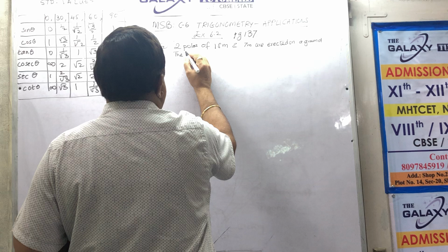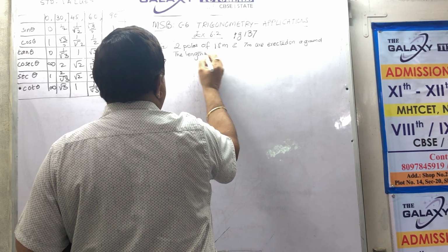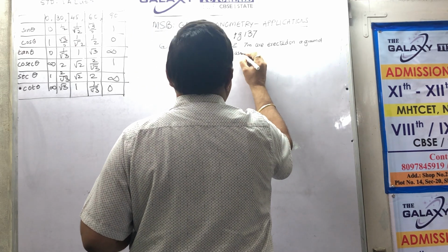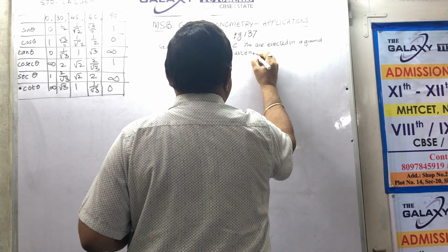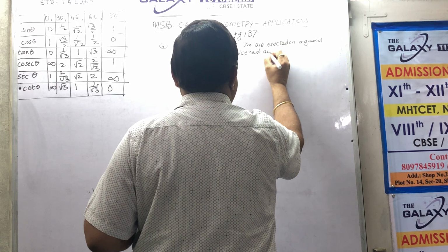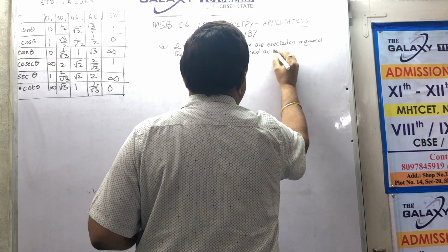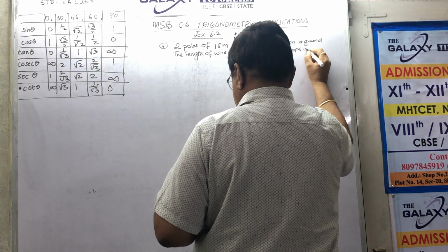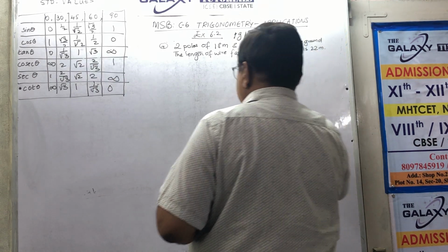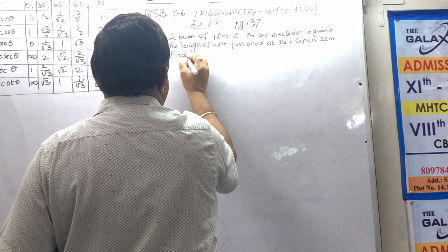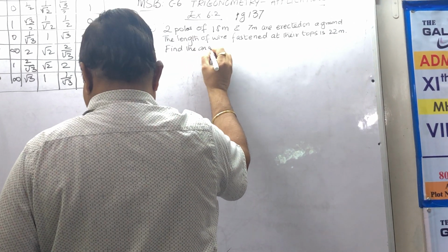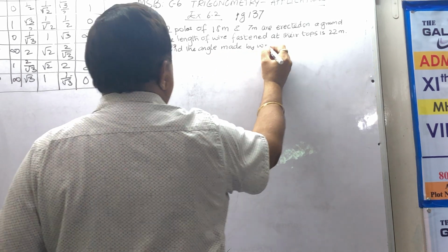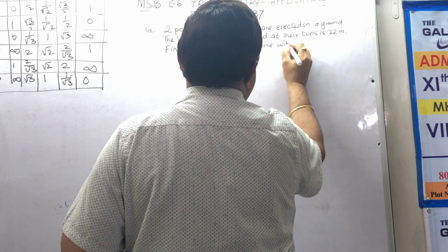The length of the wire fastened at the top, I am tying their tops with a wire, like a cable wire on top of your building coming from another building, is 22 meters. Find the angle made by the wire with the horizontal.